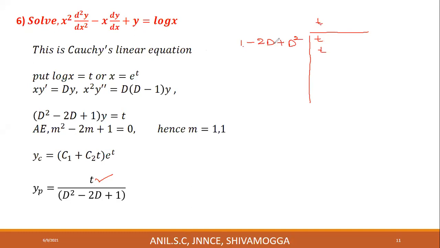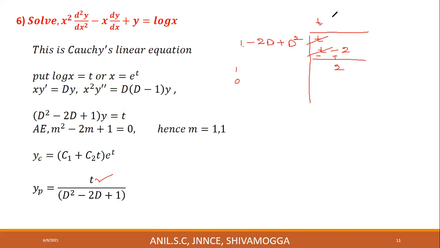Minus 2 into D means derivative, d by dt. D by dt of t is 1. 1 into minus 2 is minus 2. And double derivative of t is 0. First derivative is 1 and second derivative will be 0. You take the difference. While taking the difference, the sign changes in the second equation. Plus t will get cancelled with this minus t. You get plus 2.